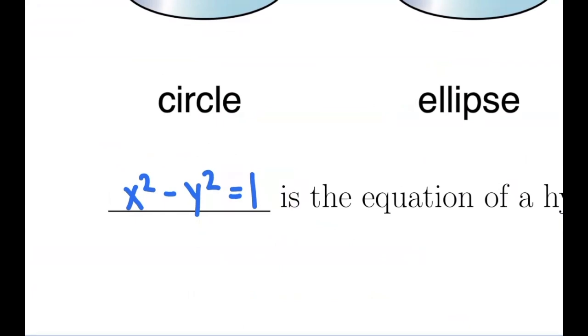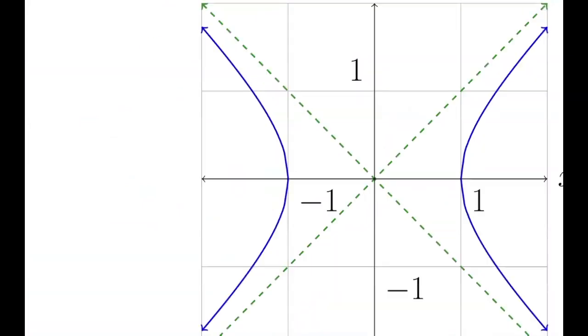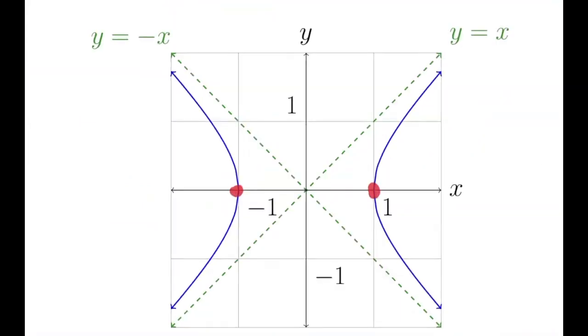Solve for x. Exactly. Yeah, so the x-intercepts are obtained by setting y equal to 0. So if y equals 0, this term is gone, and you're left with x squared equals 1. And if you take the square root, you're going to get x equals plus or minus 1. And you can see those are the x-intercepts. Negative 1 comma 0 and positive 1 comma 0. All right, so those are the x-intercepts.